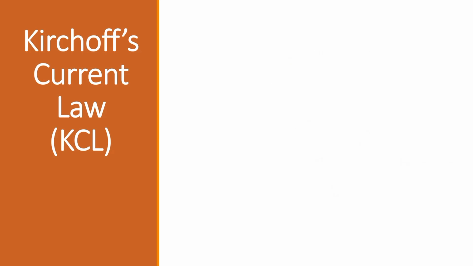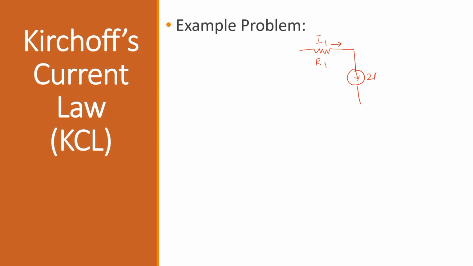Now, here is one example problem. If there is a circuit like this, this is R1, I1 is flowing through R1 in this direction. This is one current source of 2 amperes. This is R2 and I2 is flowing through R2 in this direction.